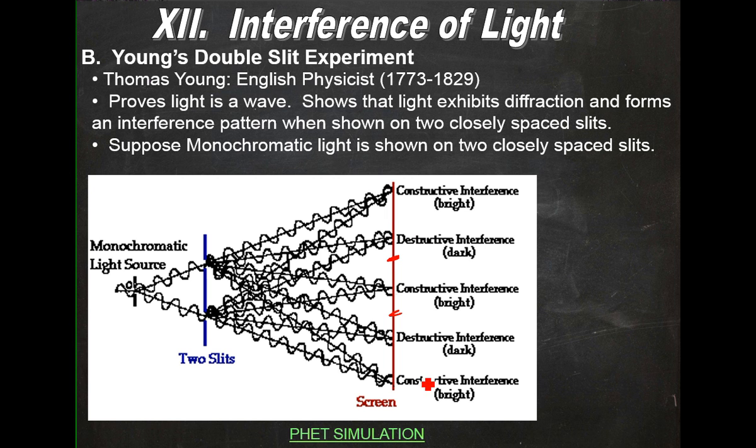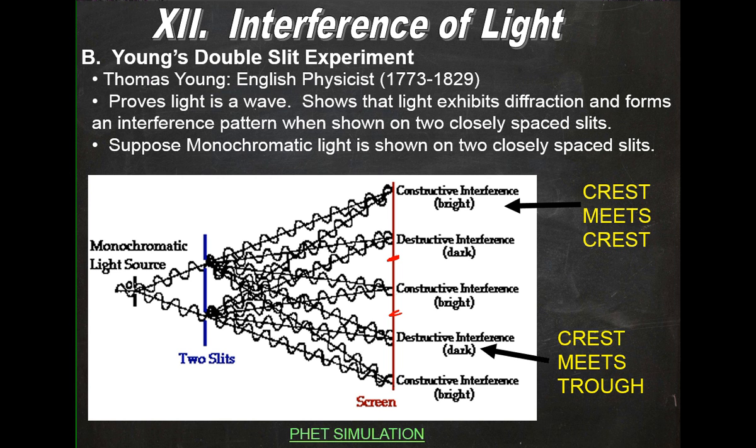And then we also had constructive interference going up above. So constructive interference is like when a crest and a crest meet, and the destructive interference was like when a crest and a trough met. Let me show you this again, just kind of another format here using this simulation.